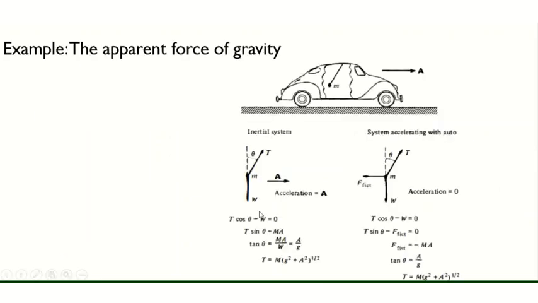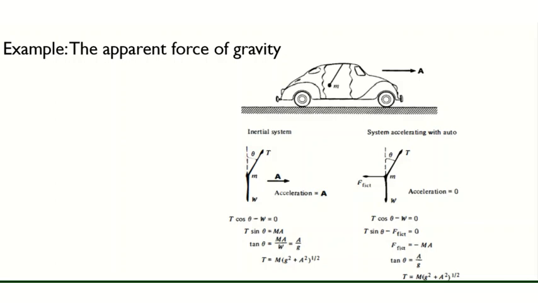One is the apparent force of gravity. The apparent force of gravity is measured when a small weight of mass m hangs from a string in an automobile or a car which is accelerated at a rate A. Suppose this is accelerated at an acceleration A, what is the static angle of the string from the vertical, and what is its tension?